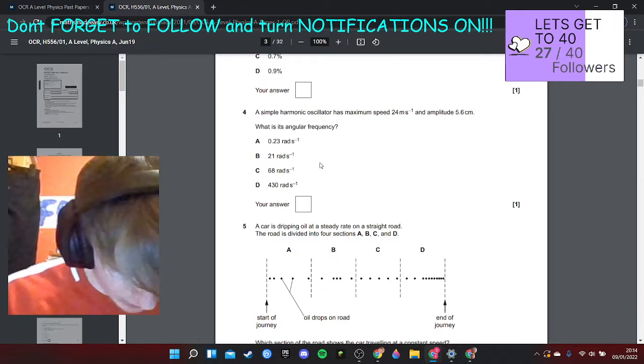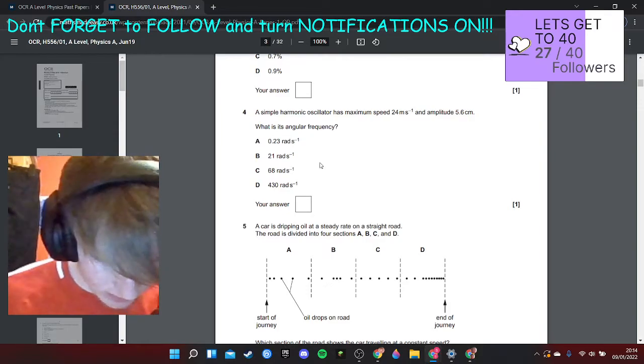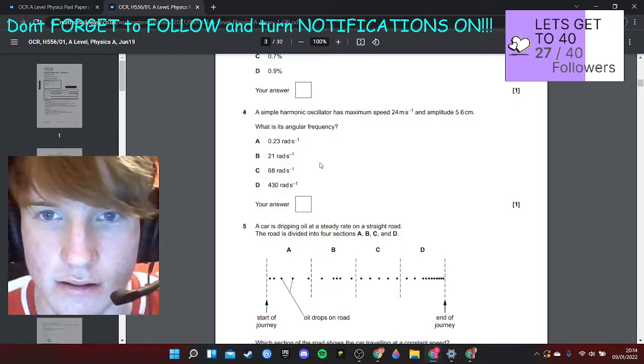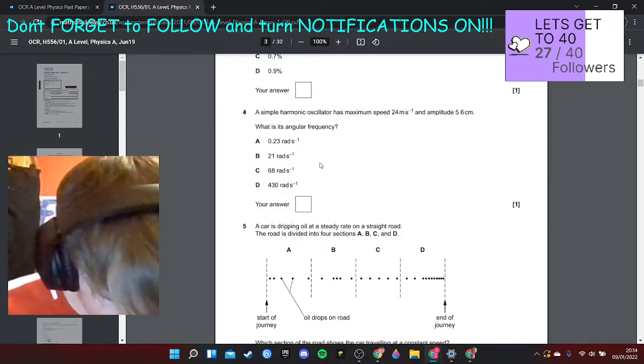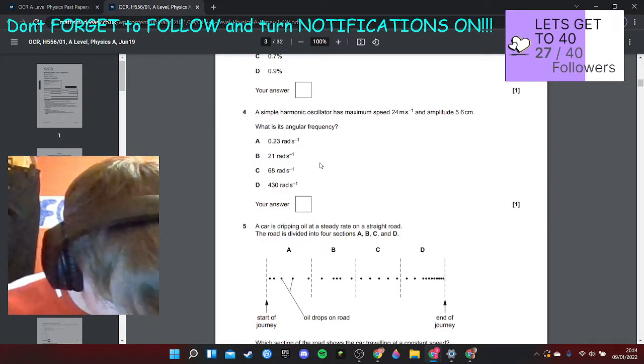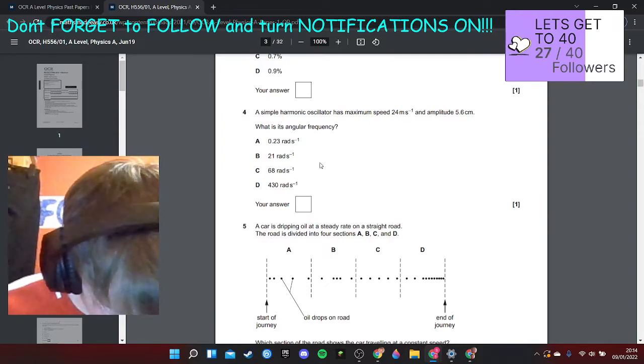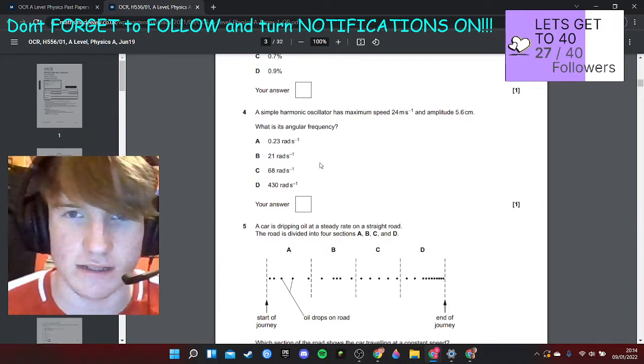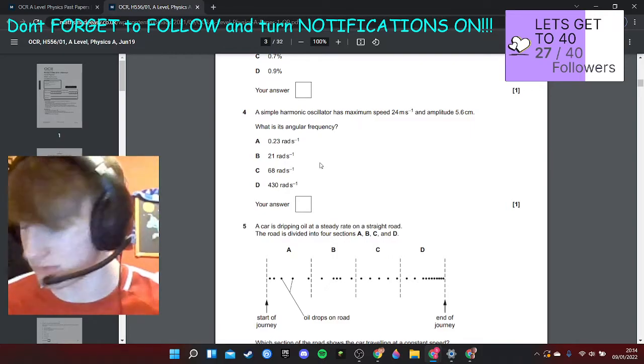It shows the frequency. What does it give me? It gives me speed and amplitude. That seems to be a problem. Angular maximum speed. I don't know.